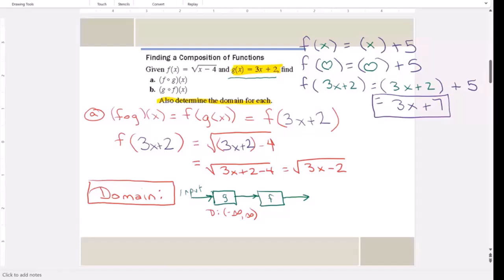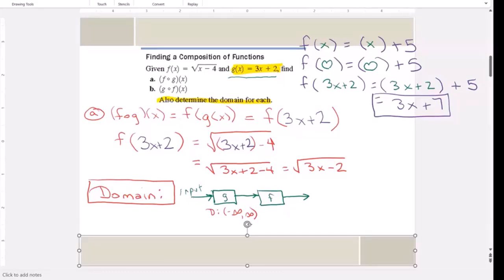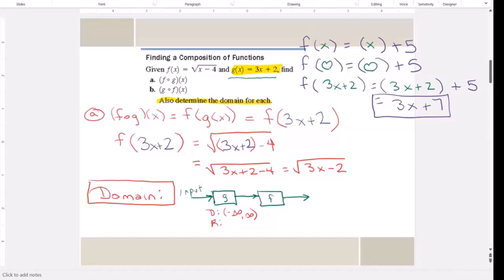If I put in anything, out it's going to come anything. So my range here, just so we can see it, is also from negative infinity to positive infinity. So every number possible can go into f, but f is the square root of x minus 4. So can any number go into the square root of x minus 4? This is my input.